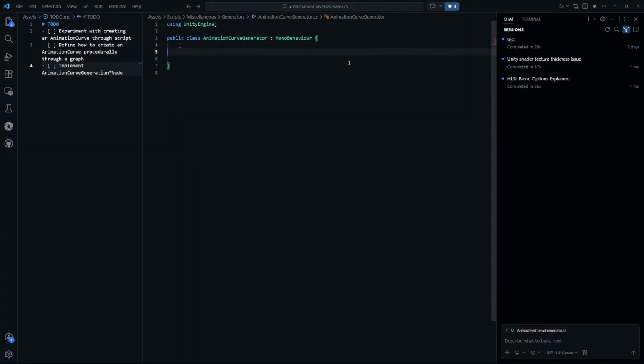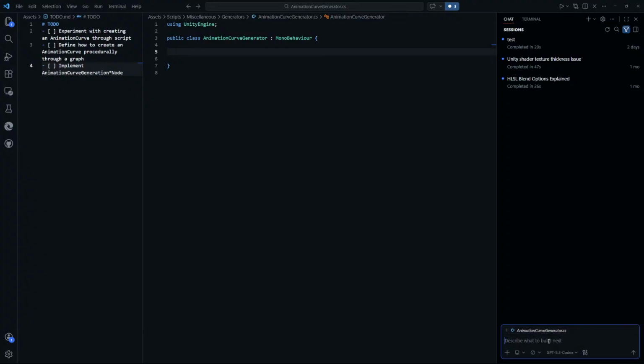And then I want to have, I'll run a method every time a property on a monobehavior object is changed.